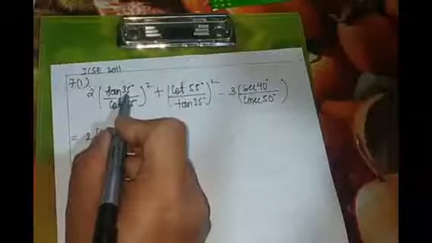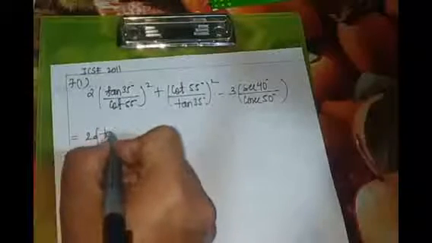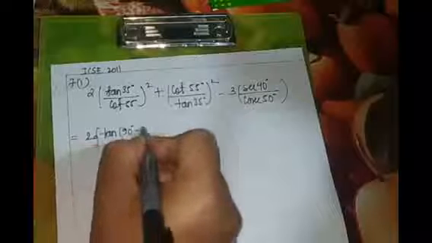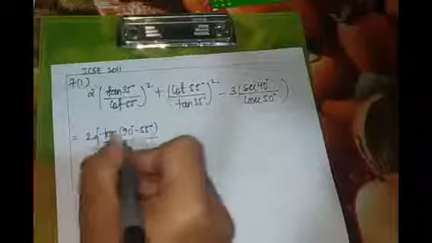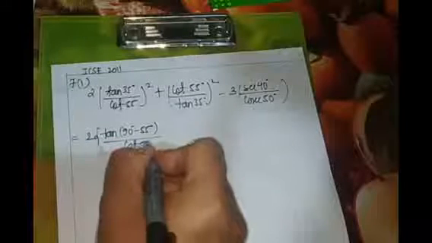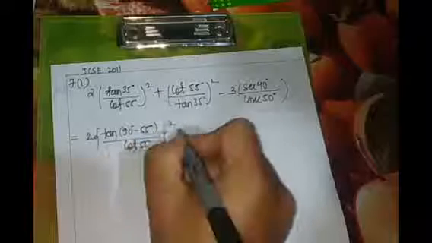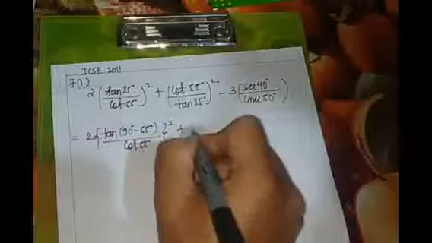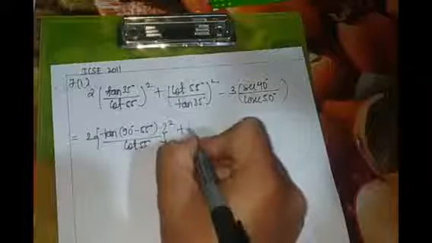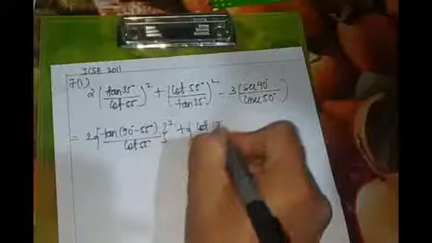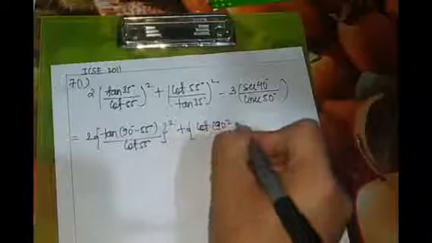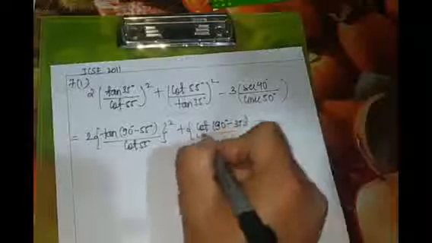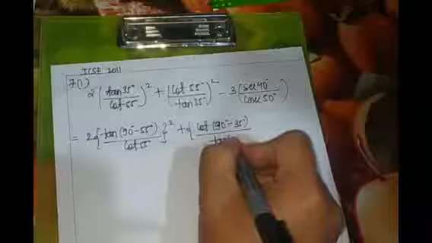So let's change 35. I'll write 35 as 90 minus 55, divided by cot 55, and then whole square. Similarly, I'll write cot 55 as cot of 90 minus 35, divided by tan 35.